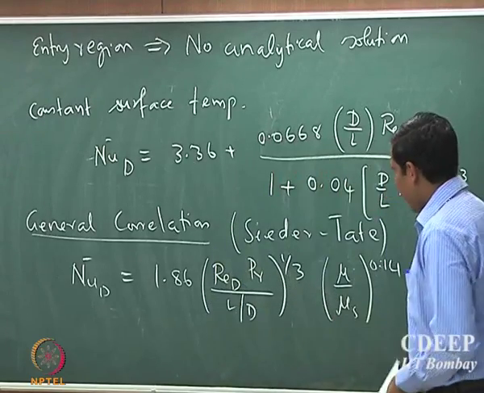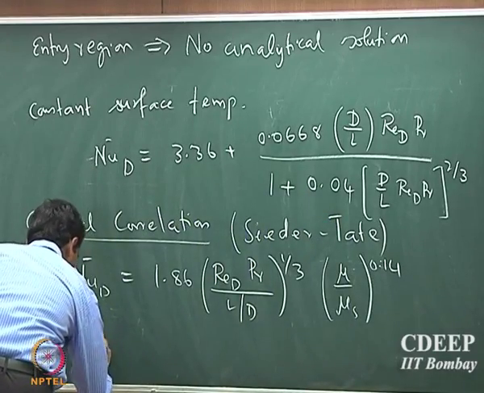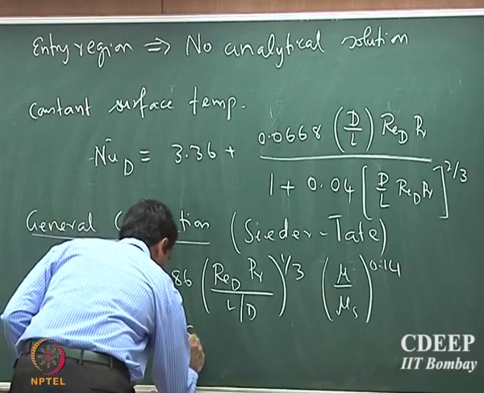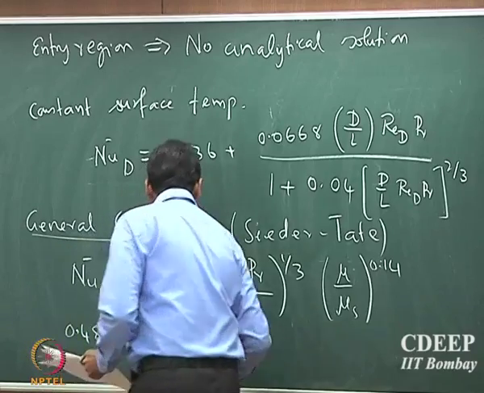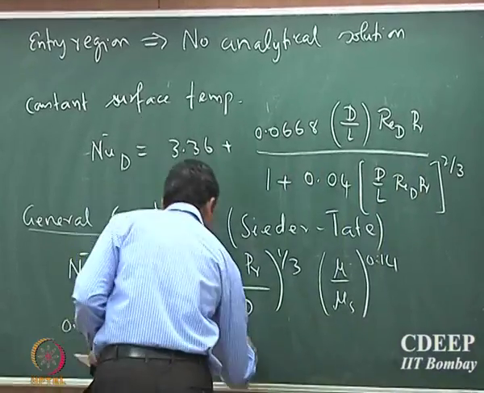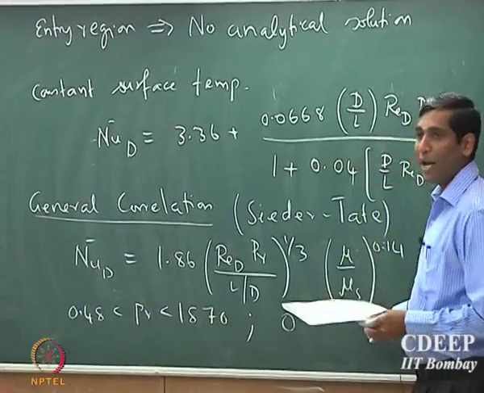Okay. And so here this correlation is valid when Prandtl number is between 0.48 and 16,700, and the ratio of mu to mu s.